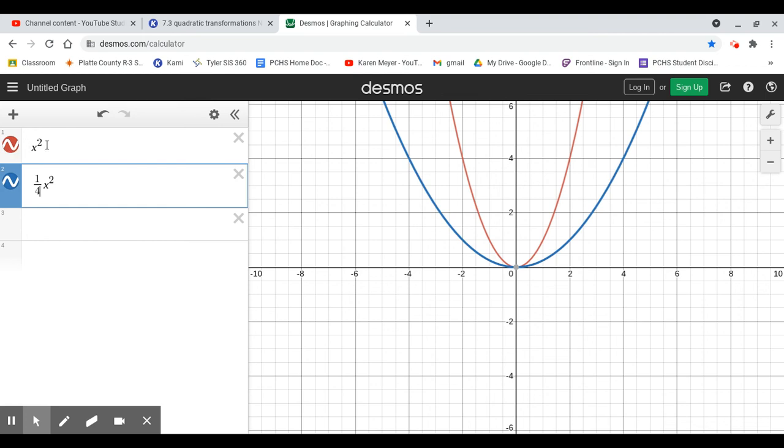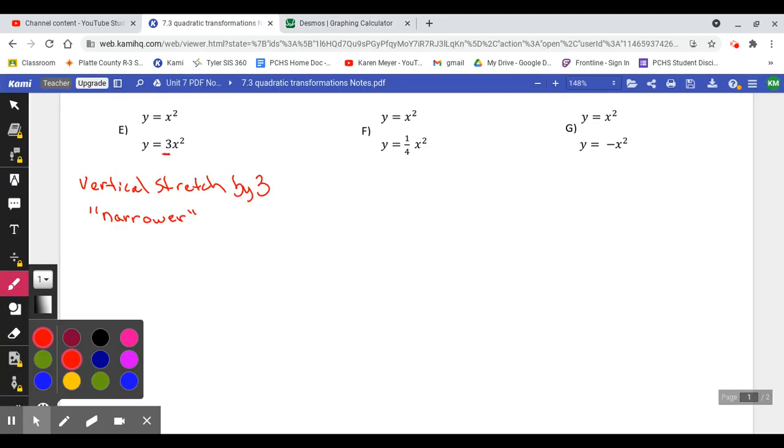Okay, so if it's outside the picture, it's not going to be a vertical stretch anymore. It's going to be a vertical shrink. Which a vertical shrink just means your U shape becomes wider by 1/4.